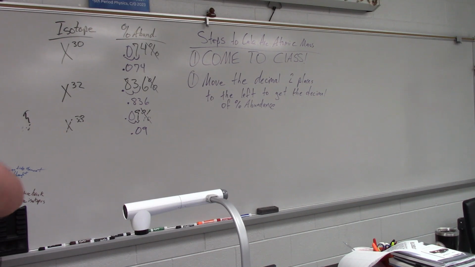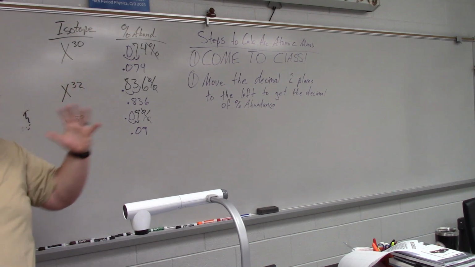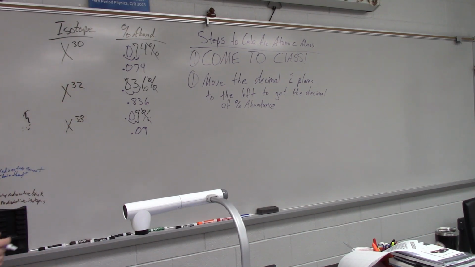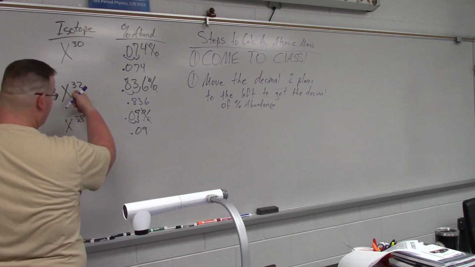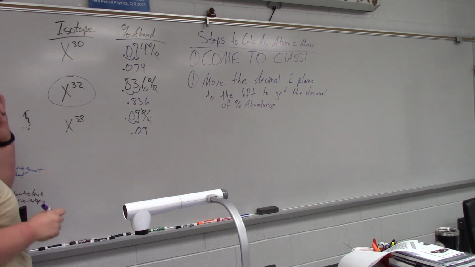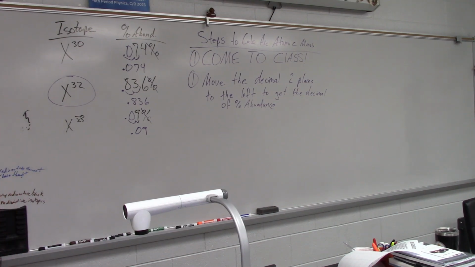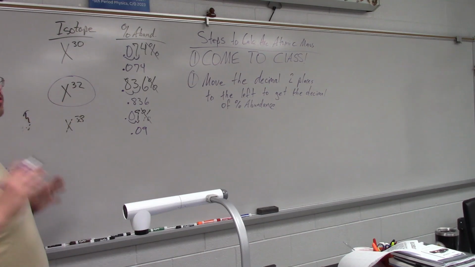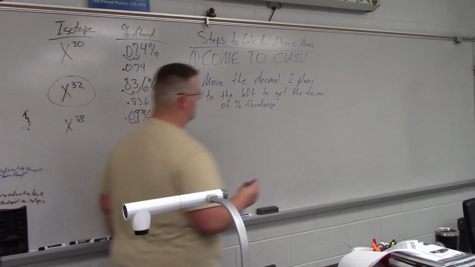Which number has the big lump sum of the percentage? The middle. So I expect to be closer to 32. Now it could be just a smidge off because this is 38 and it's 9% of it. But I'm going to expect to be close to 32. That's just thinking ahead so that I can check myself.